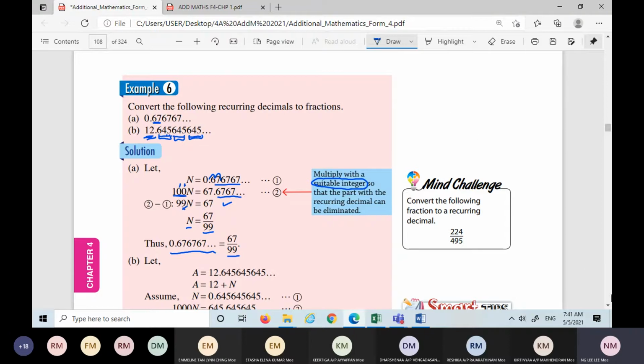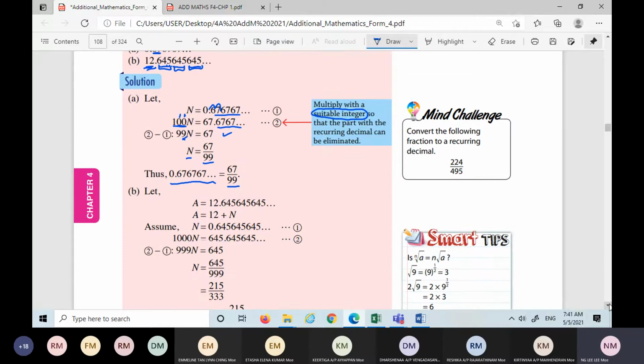This is how you determine the suitable integer that you need to multiply with. First of all, you take out that 12 that is disturbing you. So you let this be A, therefore A is the 12 plus the recurring part. Same thing, your n again is 0.645645, the one with the recurring decimal.